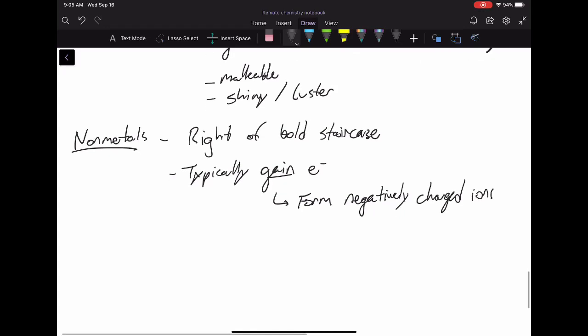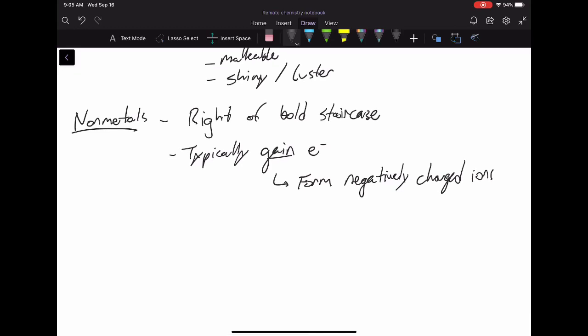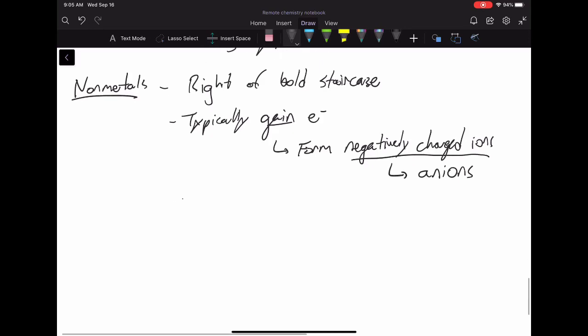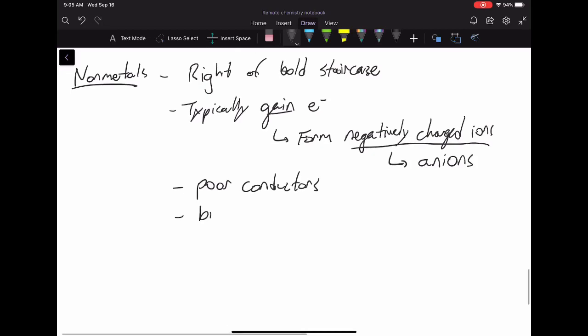So if you're gaining an electron, you become more negative, so you form a negatively charged ion. Negatively charged ions are known as anions. Nonmetals are also poor conductors. They are brittle and are dull in color.